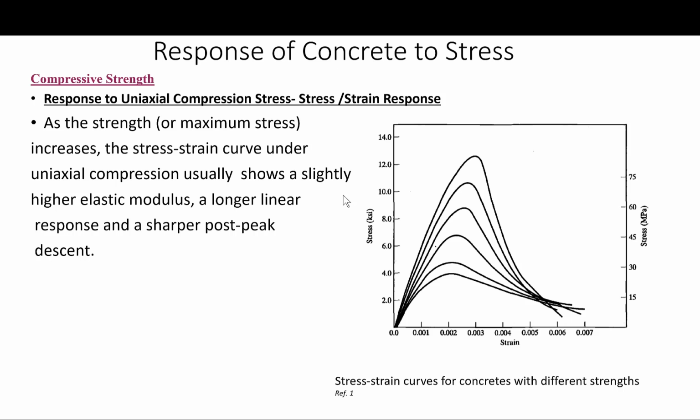Okay, so let's look at the stress strain curves. As we discussed previously, the modulus of elasticity increases with increase in strength, as shown here. The strain corresponding to the peak compressive stress also increases with increase in strength, as you can see here.